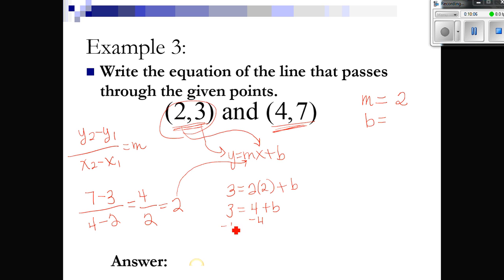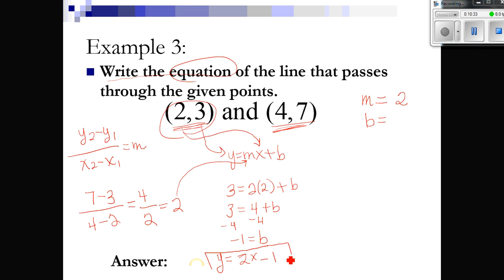Subtract 4 from both sides to get b alone, and b equals negative 1. And so the answer to this equation would be y equals 2x minus 1. Now we're never done until we have the equation because the directions are asking for the equation.